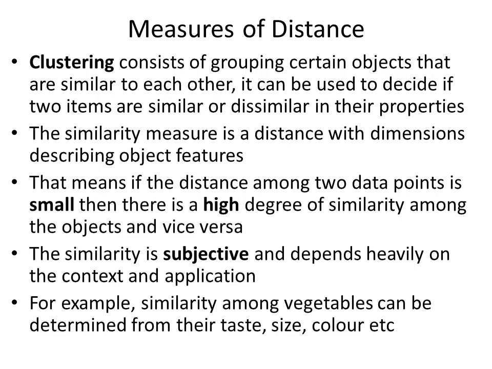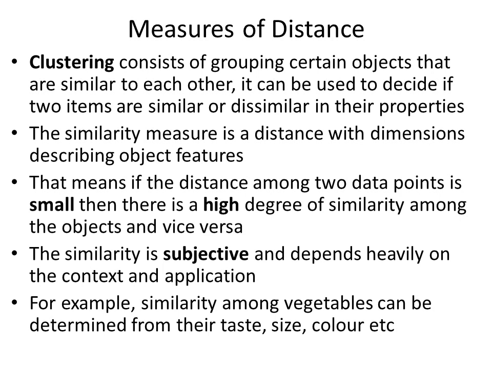Measures of distance. Clustering consists of grouping certain objects that are similar to each other. It can be used to decide if two items are similar or dissimilar in their properties. The similarity measure is a distance with dimensions describing object features.